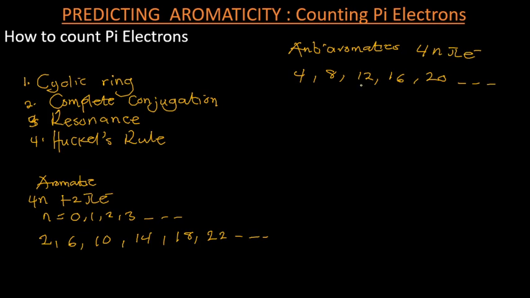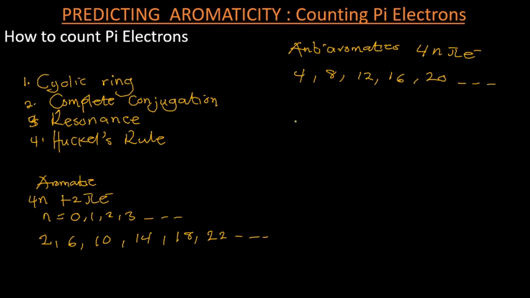So if we take the integers 1, 2, 3, 4, 5, and a lot more, these are the numbers we're going to be having. So anytime we take a compound and we have this number of pi electrons in there, then probably that compound is an anti-aromatic compound.